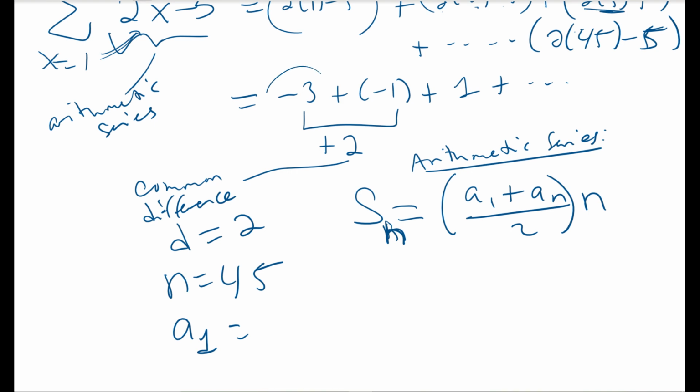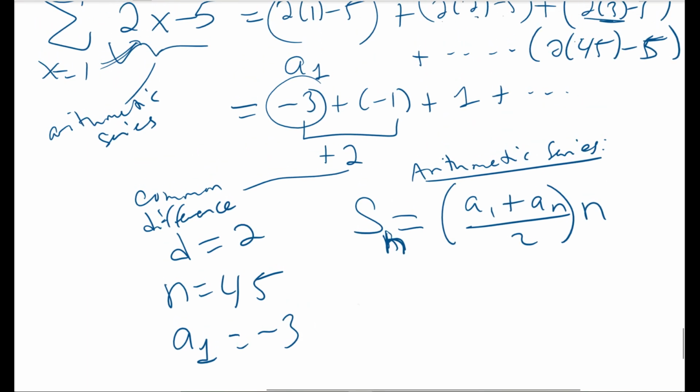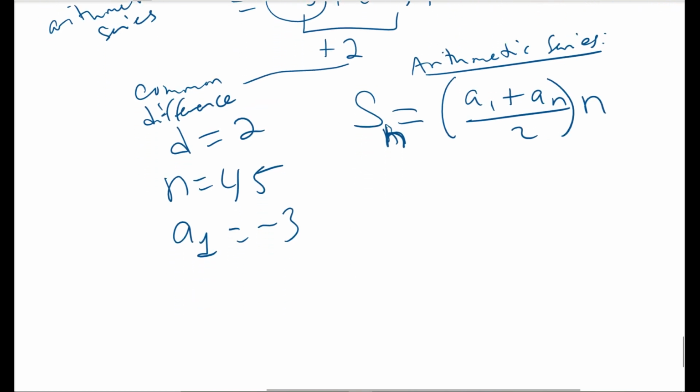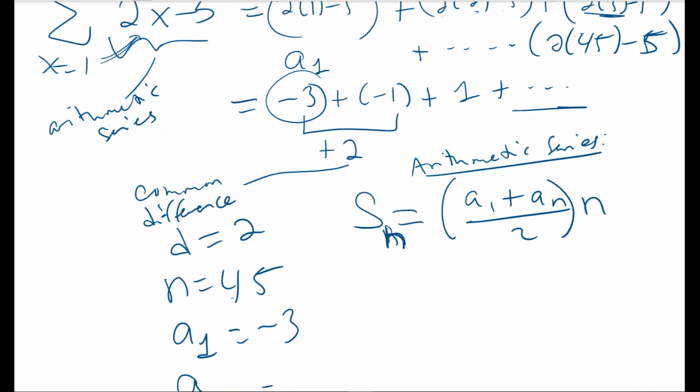So our first term is negative 3, so that's A1. Now An is our last term. So in this case, An is A45, because remember n is 45, right? So we're plugging in 45 into n. So A45 is our final term in this sequence.